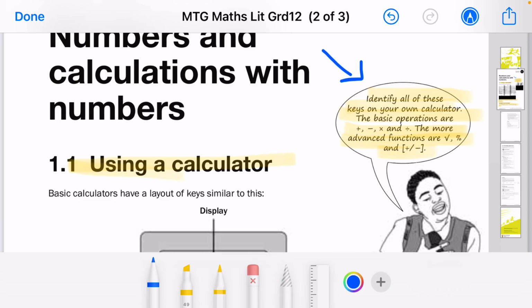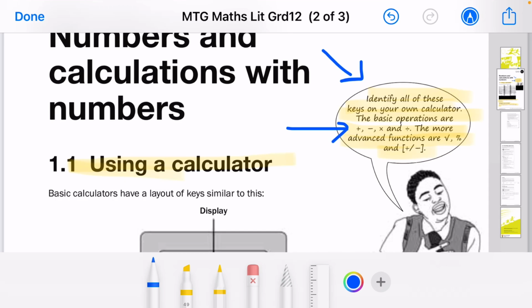So guys, on our first unit, you've got that information where they say identify all of these keys on your own calculator. The basic operations are plus, minus, multiplication, and division signs. So ladies and gentlemen, these are the basic keys that you find on your calculator.